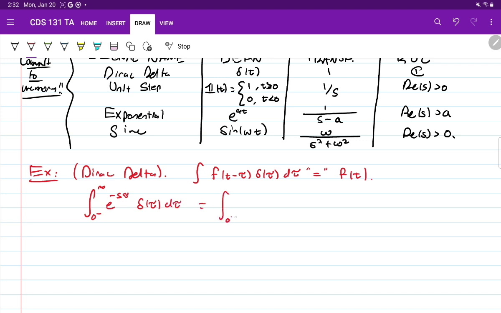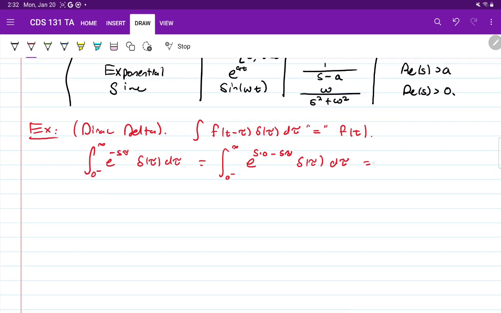Based on this rule, and the fact that delta collects all of its mass right at the origin, this is just going to equal e to the 0, which equals 1. And this holds for all s, so this has an arbitrarily large region of convergence.